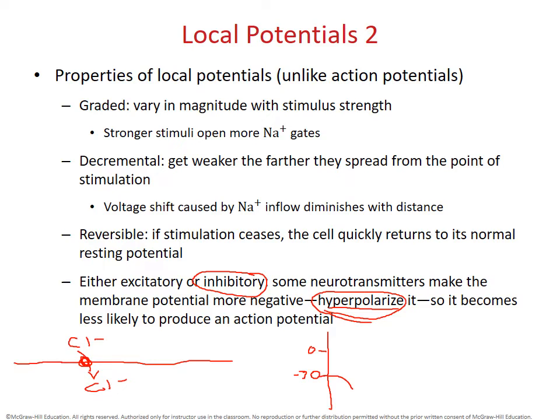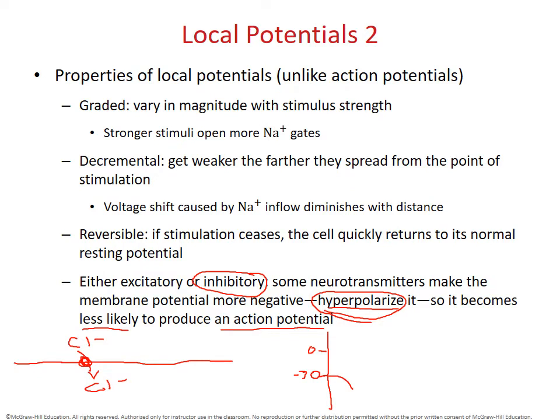If we hyperpolarize them, we're making it more difficult to depolarize them enough later to create an action potential. So to make a long story short, hyperpolarization makes it less likely that a neuron will ultimately generate an action potential, and so that's an inhibitory effect.